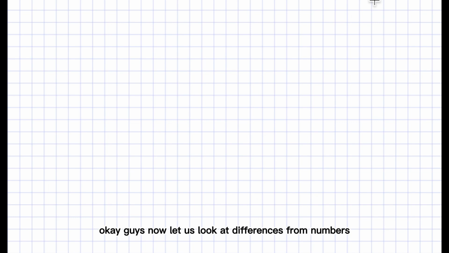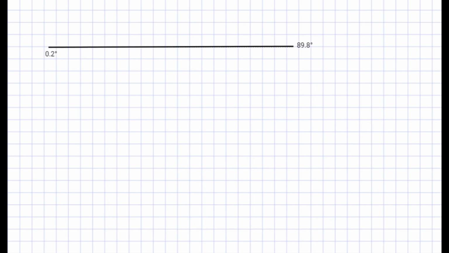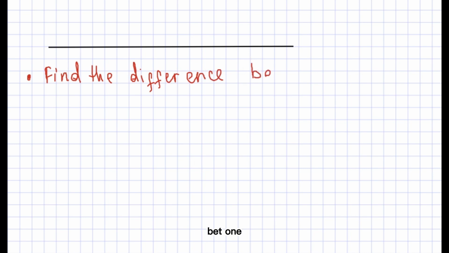Okay, guys. Now, let us look at differences from numbers, differences among the numbers. Okay, again, I will draw a number line. The first point of mine is find the difference between 5 and 12.